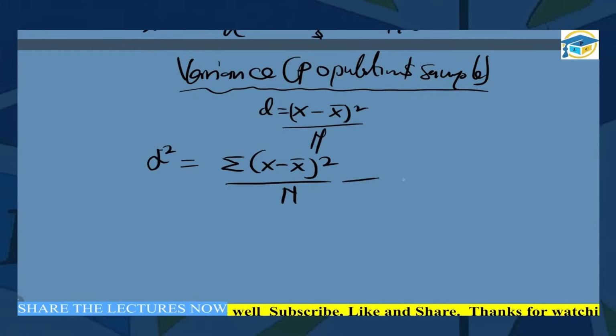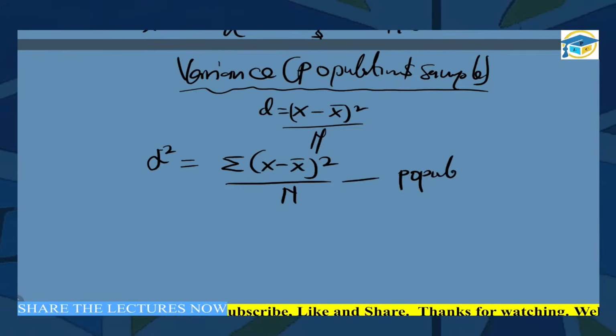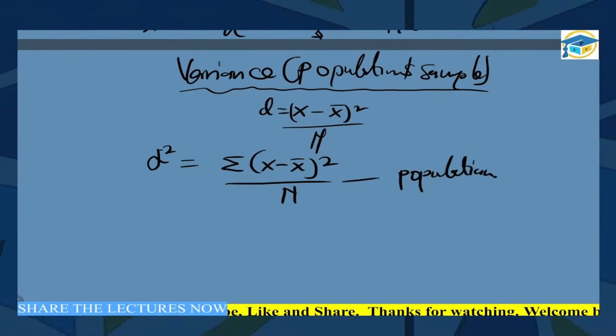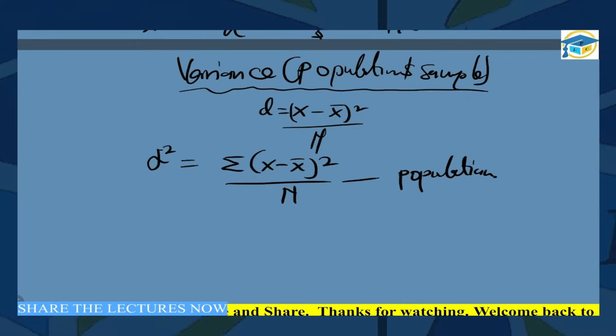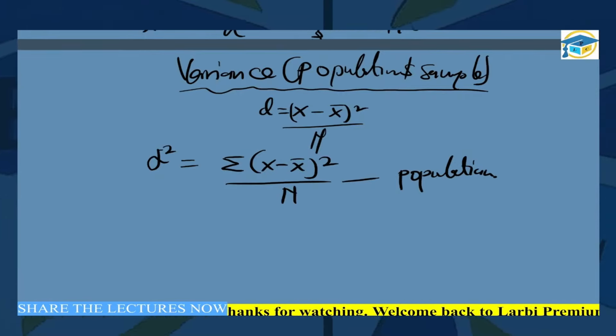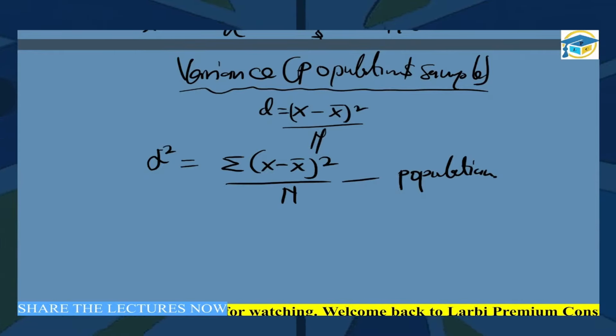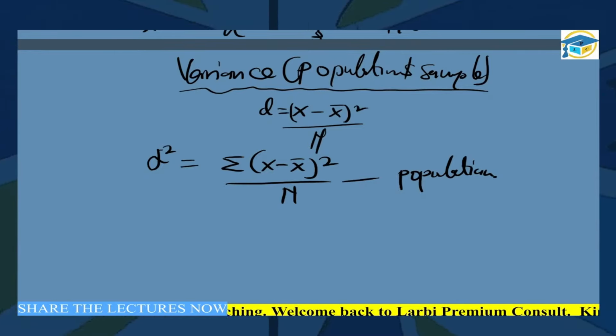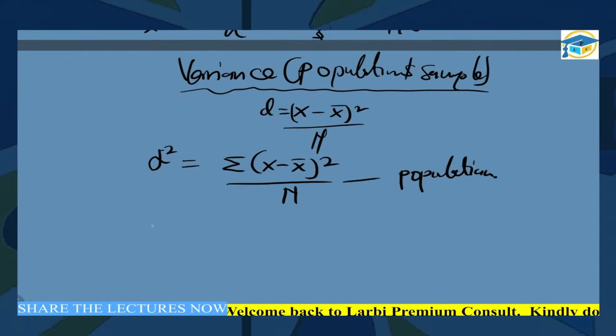So this is for population. This is how we calculate variance for population. It is a summation of x minus x bar all squared divided by capital N for population.